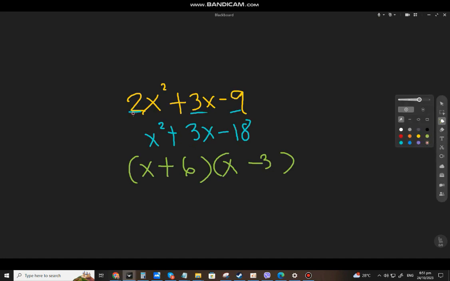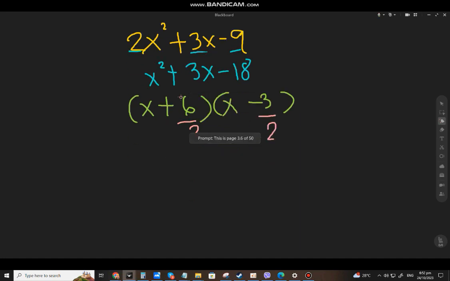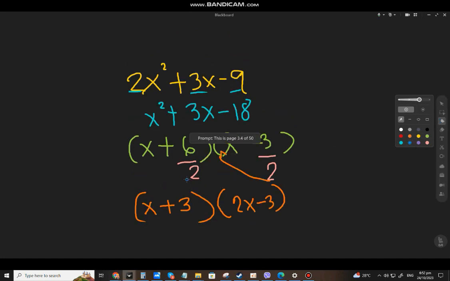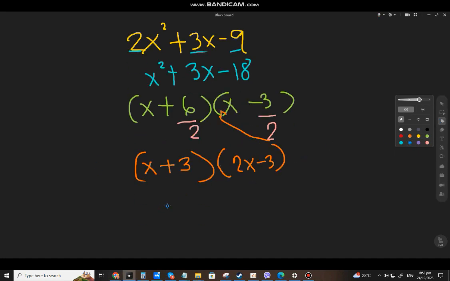Now you bring down the 2 because that's the one you slid, and you get the lowest term. That will be x plus 3 over 2. And since 3 halves is already the lowest term, we put the 2 here. That will be 2x minus 3. Now this is already the factored form, but we will do the FOIL method to be sure.